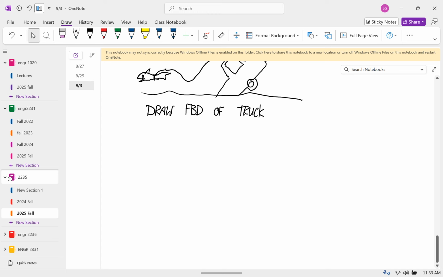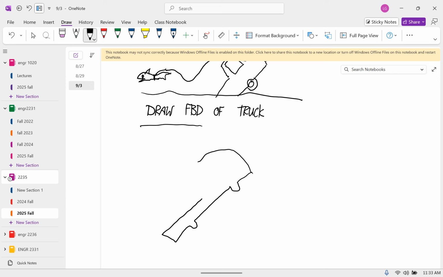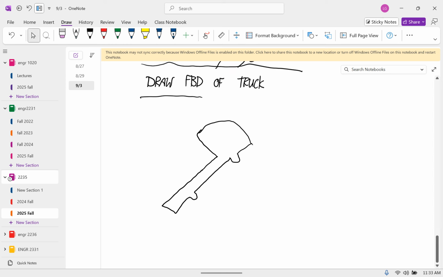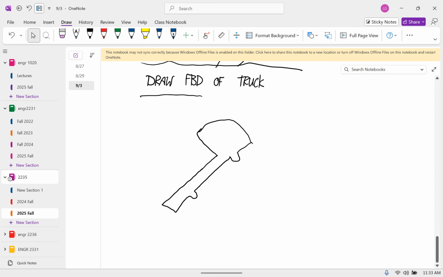Okay, the steps of drawing a free body diagram. We're first going to draw an outline of the truck. It doesn't have to be art. Let's say it's that flatbed truck. And now we're going to include the weight.